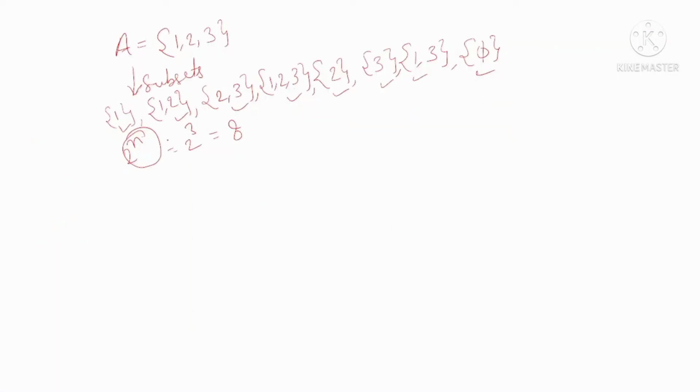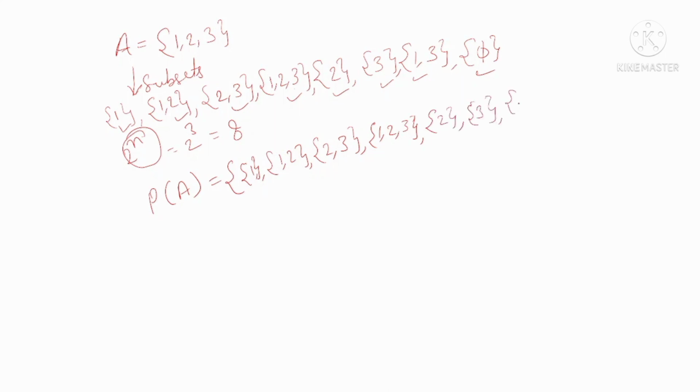So the power set of A we can write like this: the set of all of these, just like 1, 1 comma 2, 2 comma 3, 1 comma 2 comma 3, then 2 also, then 3, then 1 comma 3, and then the empty set.